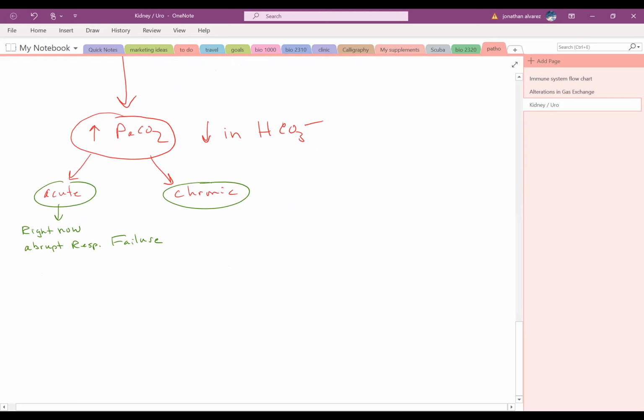And people that, you're likely to see this coming in an ambulance or something like that, right? Usually emergency cases.